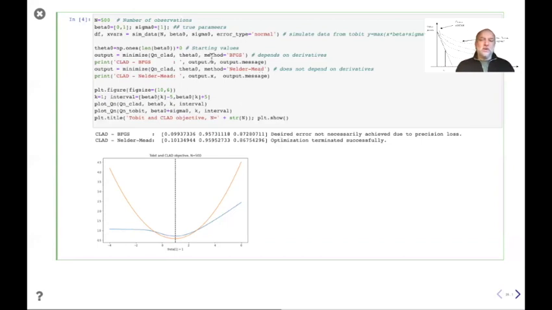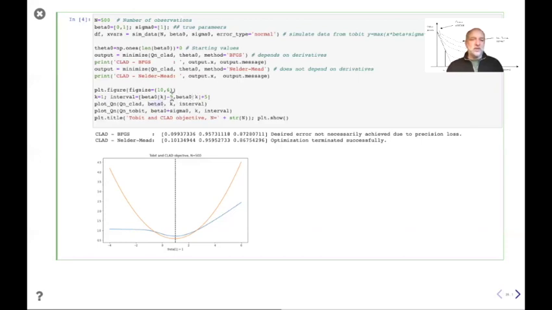Okay, before we go back to the results here, let me actually plot the objective function. There's a plotting tool for plotting functions here. And here's a function I want to plot, the CLAD, and I essentially want to plot it around an interval for betas.